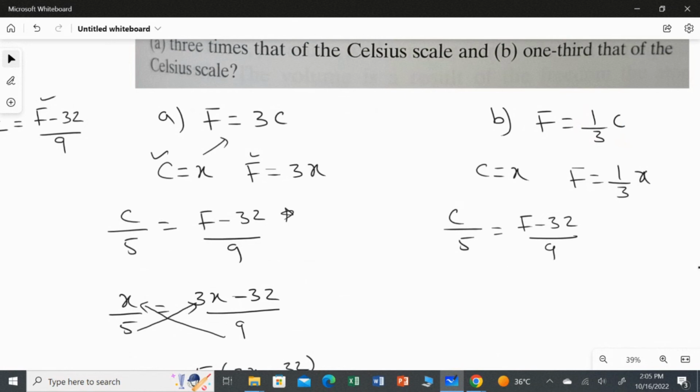So what will happen? x over 5 is equal to (1 over 3 times x minus 32) divided by 9. So I'm going to move this 9 to the left hand side of the numerator, and I am going to move this 5 to the right hand side of the numerator.